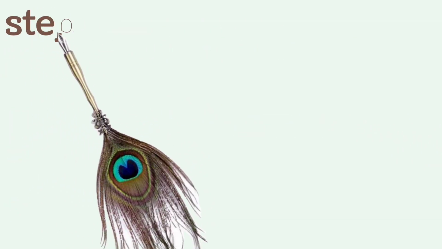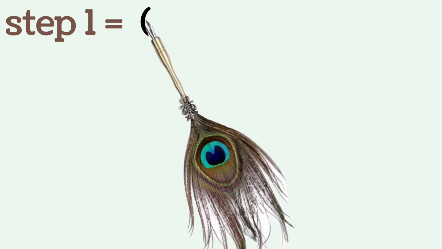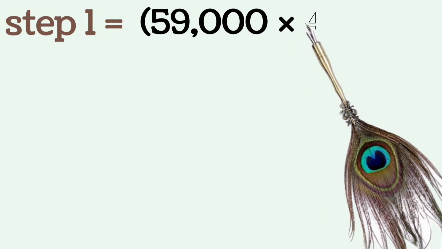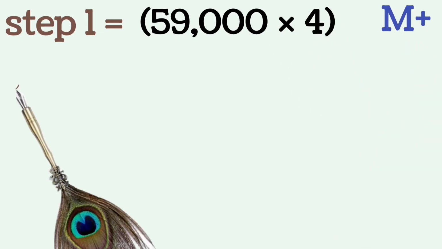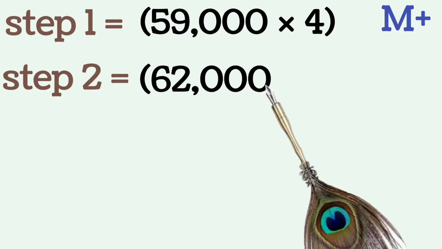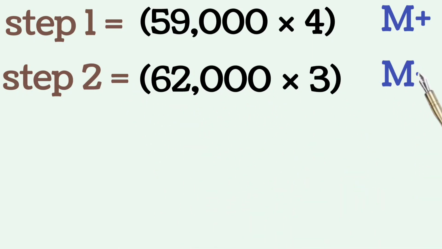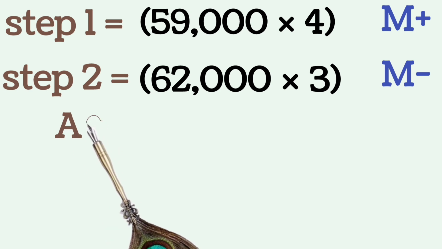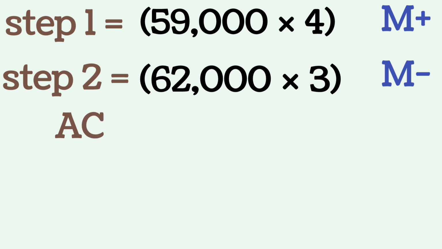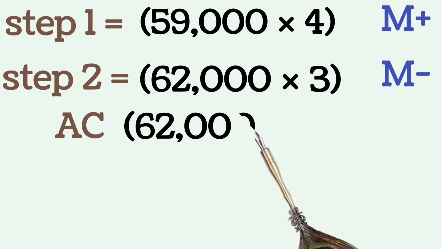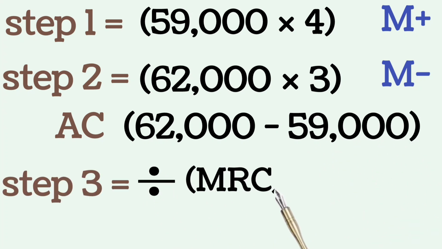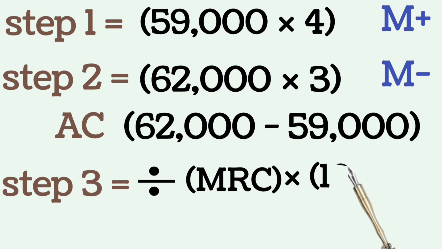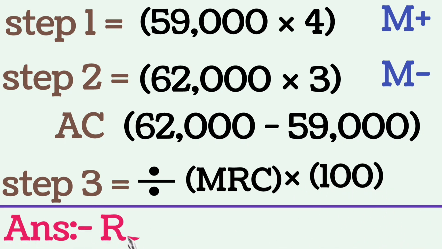For these types of questions, we first calculate the second part of the solution: 59,000 into 4, keep it in M plus, then 62,000 into 3, keep it in M minus, press the AC button, calculate 62,000 minus 59,000, divide it by MRC and multiply it by 100. We get the rate as 6%.